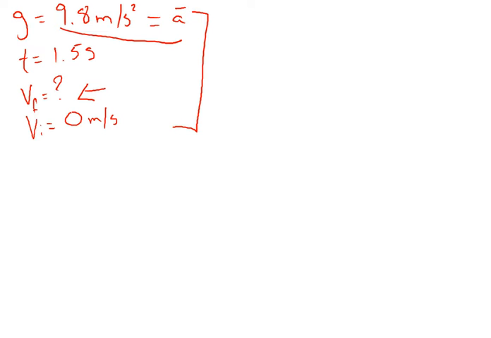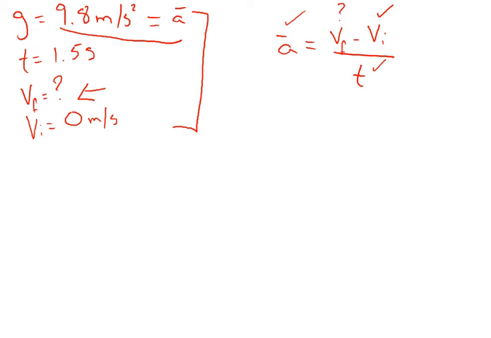Okay, so what equation relates acceleration, final velocity, initial velocity, and time? That is our average acceleration equation, where we take the change in velocity divided by the time, and that gives us our average acceleration.